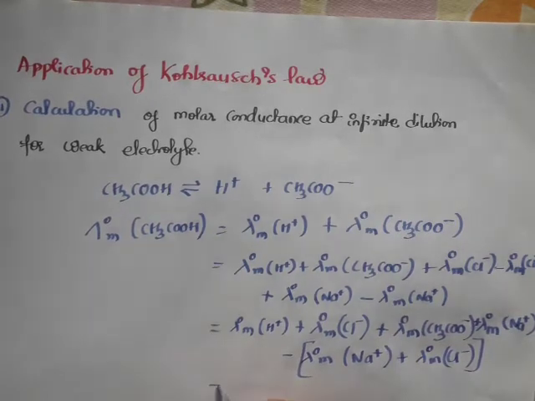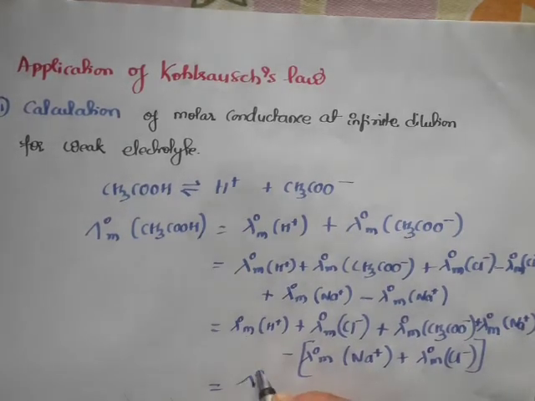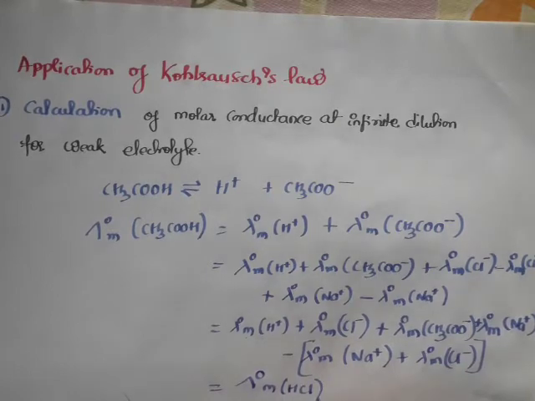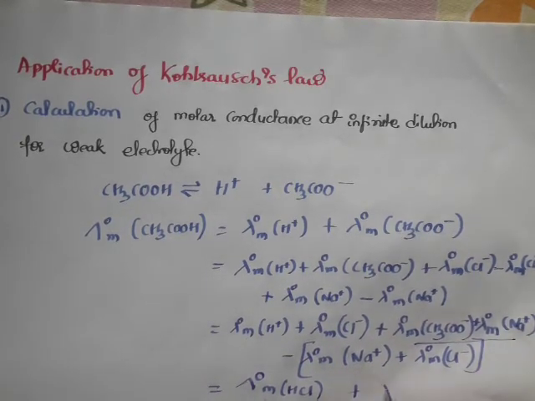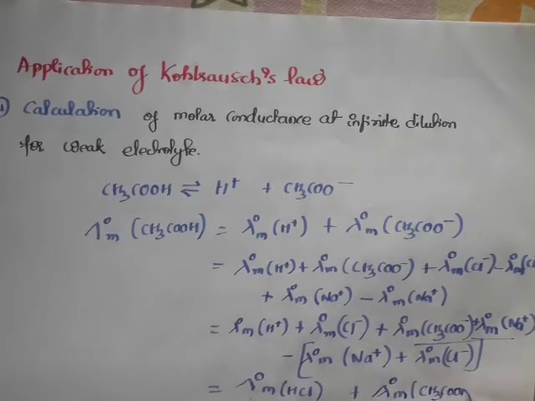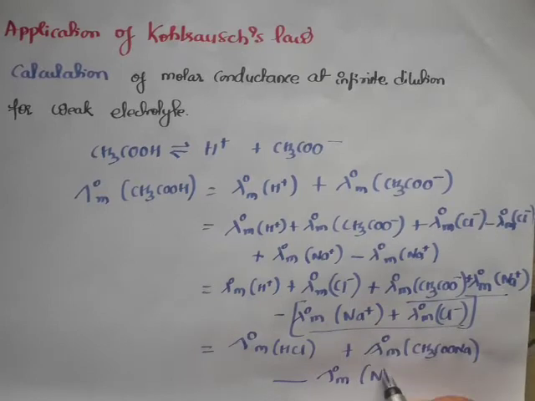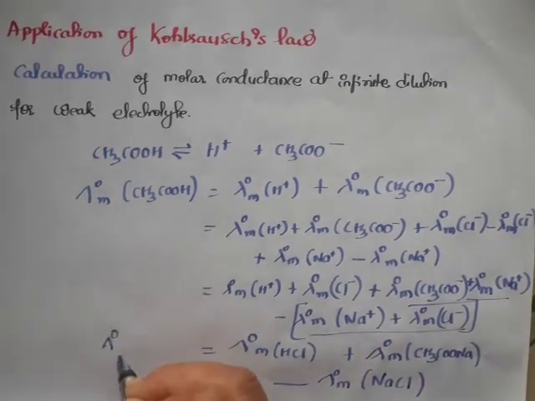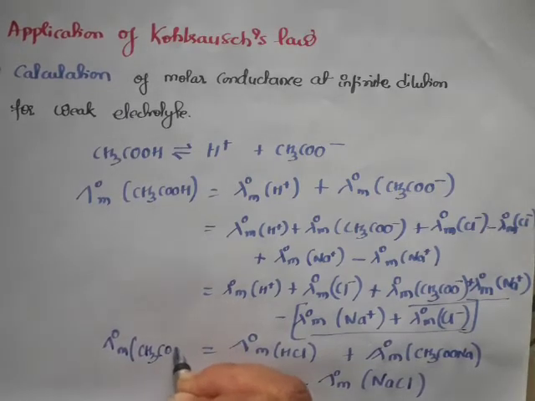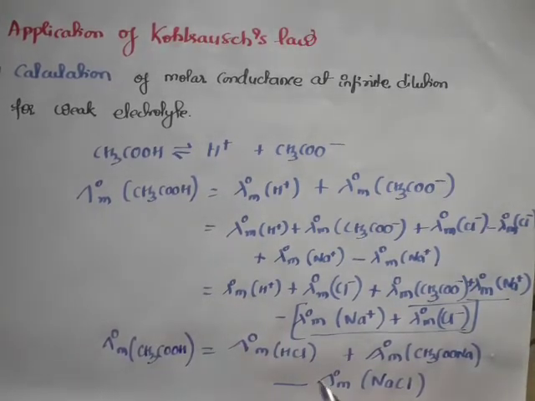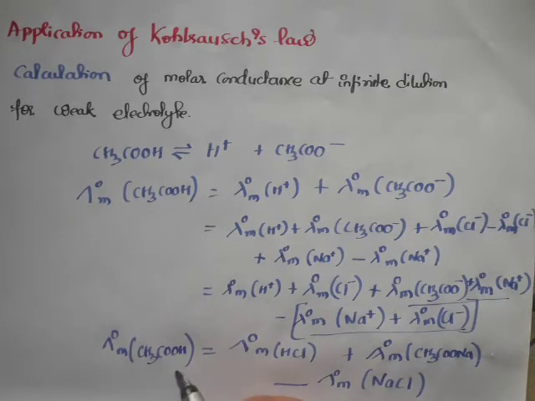Now this is the limiting molar conductivity of HCl according to Kohlrausch's law, and these two are the limiting molar conductivity of sodium acetate, CH3COONa, and this is minus the limiting molar conductivity of NaCl. So if you know the limiting molar conductivity of the strong electrolytes, which is easy to calculate, we can easily get the limiting molar conductivity of acetic acid.